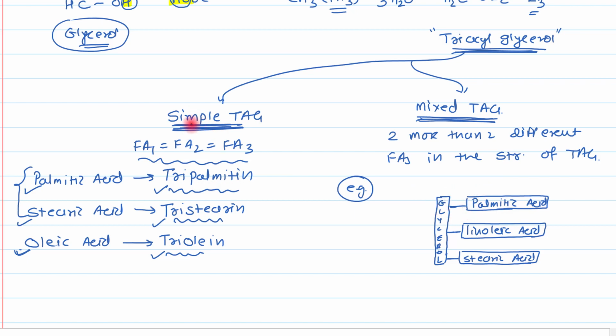This problem was not there with the simple triacylglycerol, because all 3 fatty acids were the same, so we gave a simple name. But here the trivial name will not work, because there are so many different varieties of mixed triacylglycerol that we cannot give each compound a different name. So we have to follow some system while naming the mixed triacylglycerol.